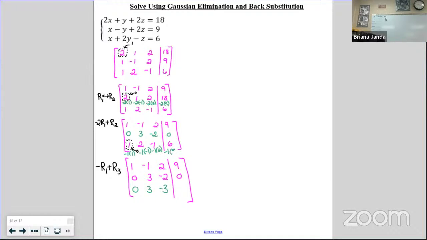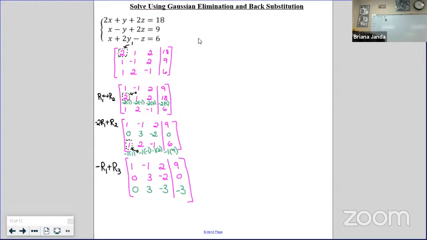Negative 1 times 9 is negative 9, plus 6 is negative 3. How are we doing? We're doing okay? Yes? Okay.